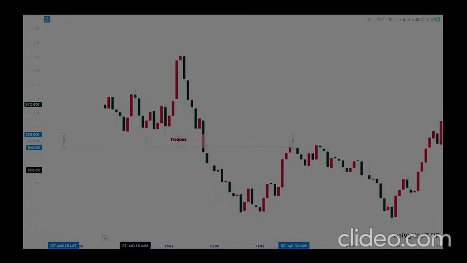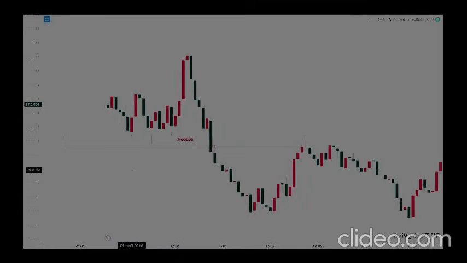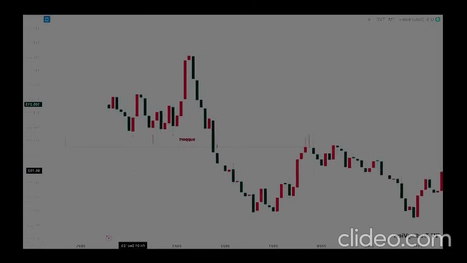This is support because resistance has been turned into support.